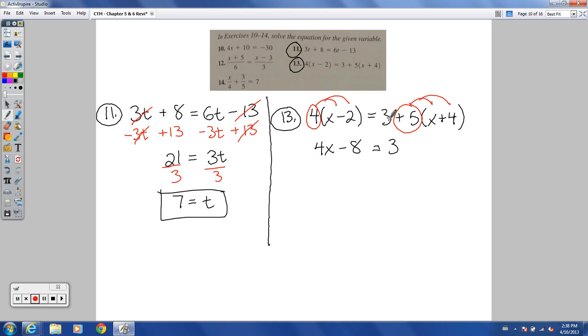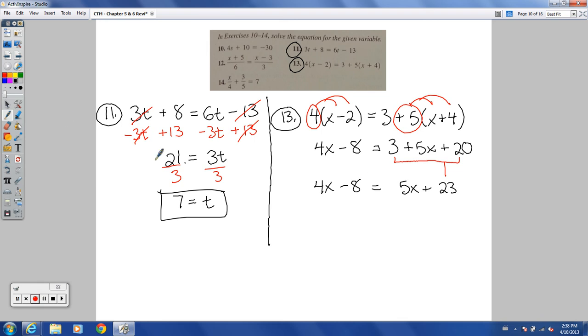That's just hanging out there by itself, plus 5x plus 5 times 4, 20. And now we can combine like terms here. I can put the 3 and the plus 20 together, so I'm going to do that right here and right here, combine those together. That's going to leave me with, and this side I don't want to change at all yet. I'm just going to combine like terms first. So I'd have 5x plus, and then this and this together would leave me with plus 23.